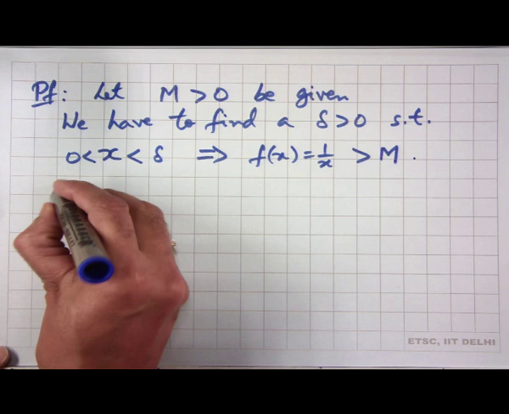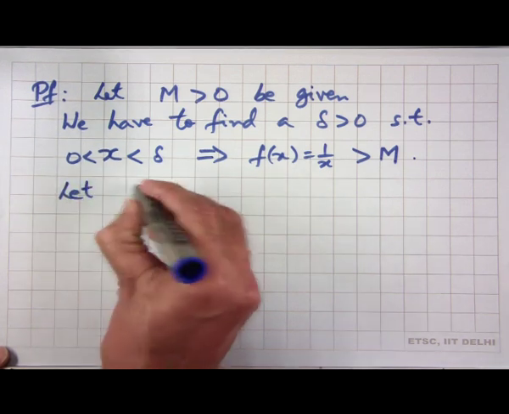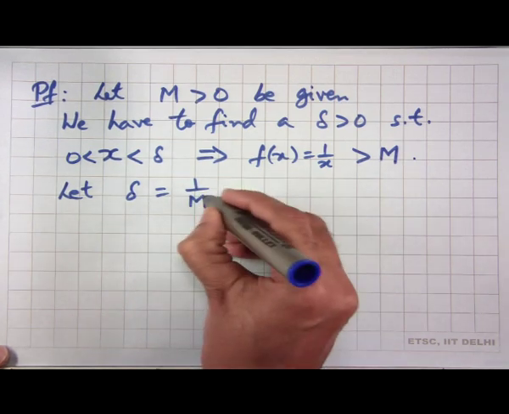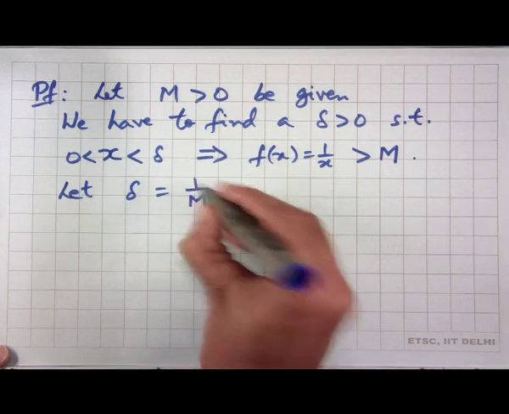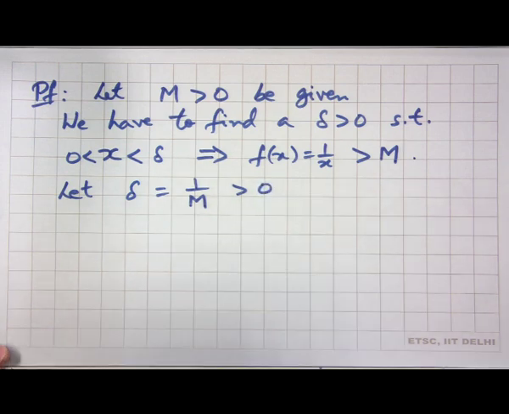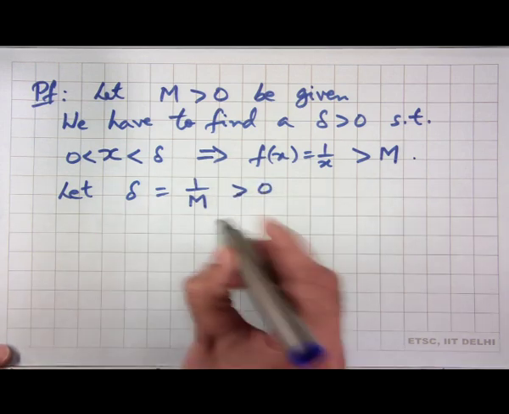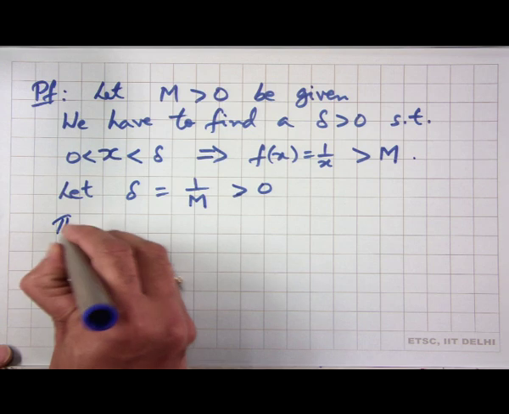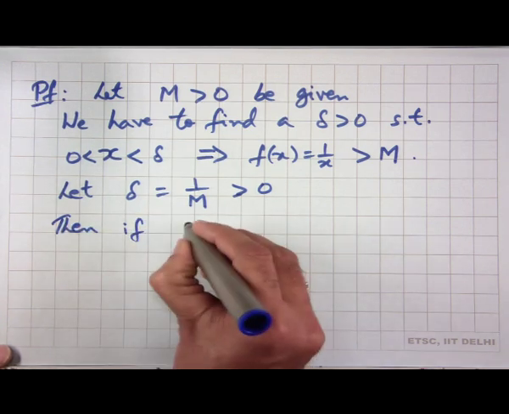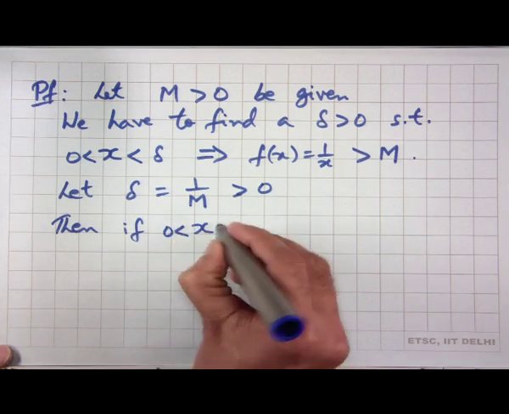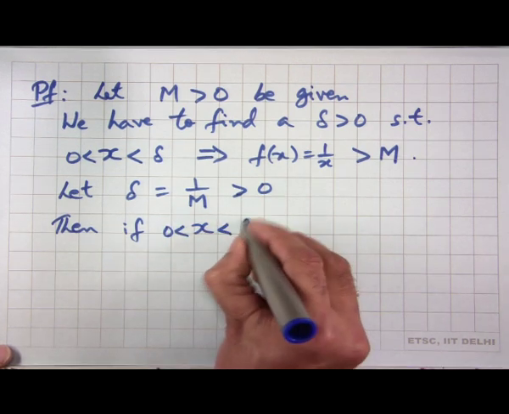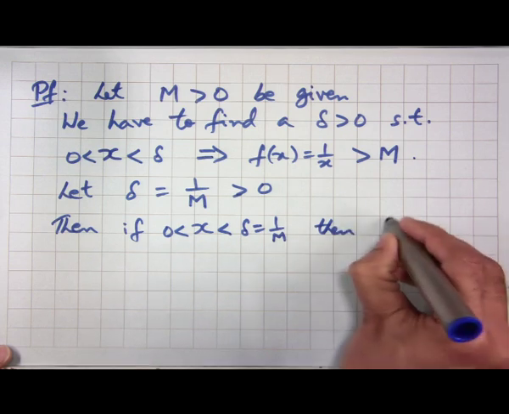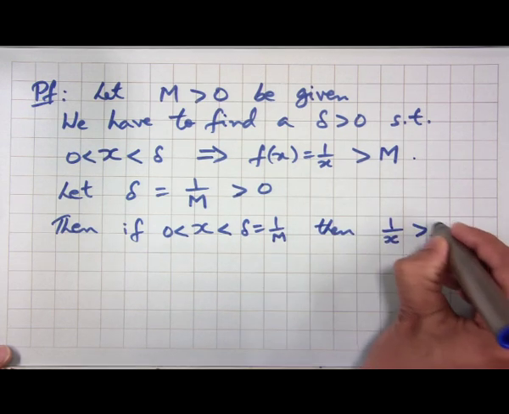Let delta be equal to 1 by m. Since m is a positive real number, this delta is a positive quantity, and then if x is bigger than 0 and less than delta, which is equal to 1 by m, then 1 by x is bigger than m.